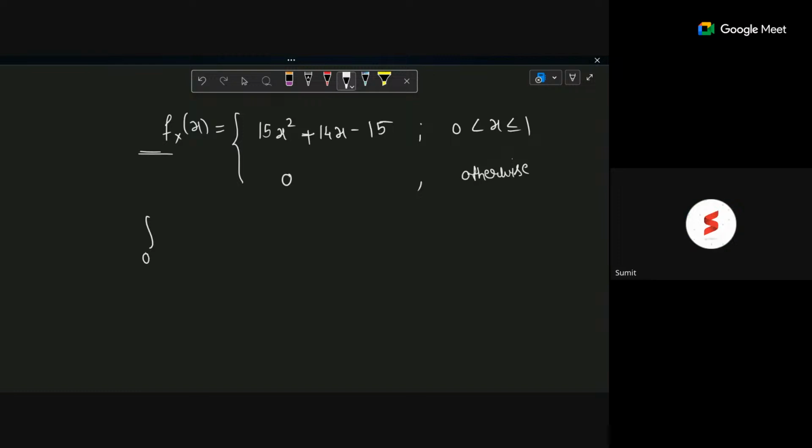Minus 3. Those who have not checked, just calculate this integration. What is the answer for this particular one? -3. Fine.